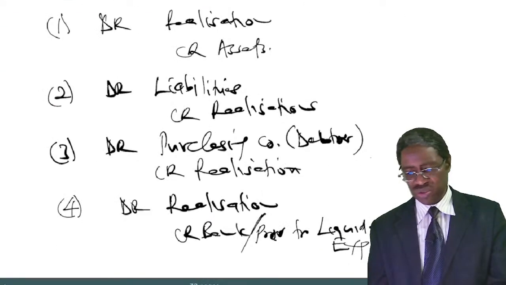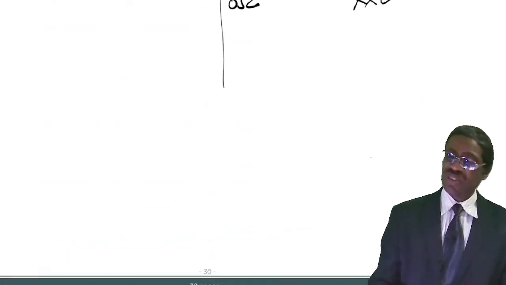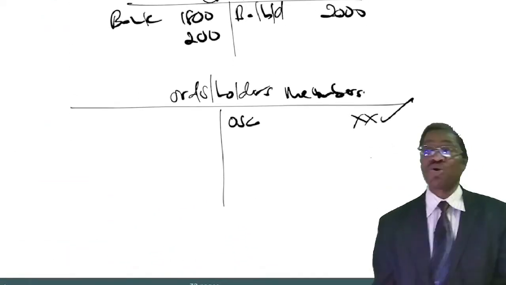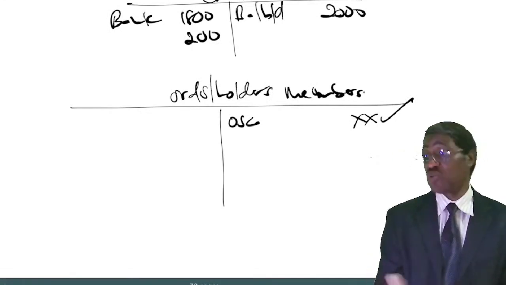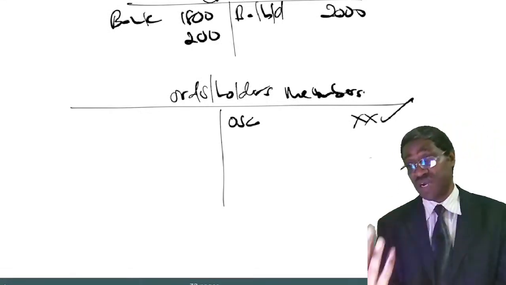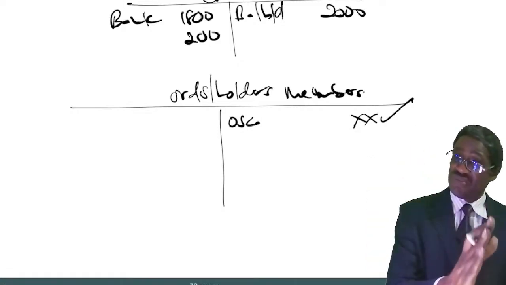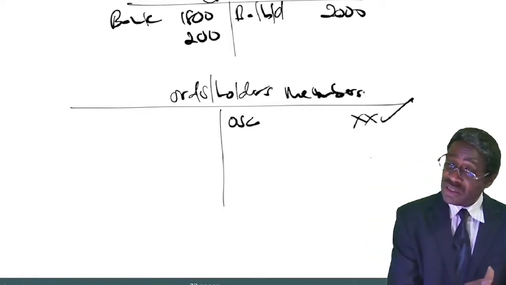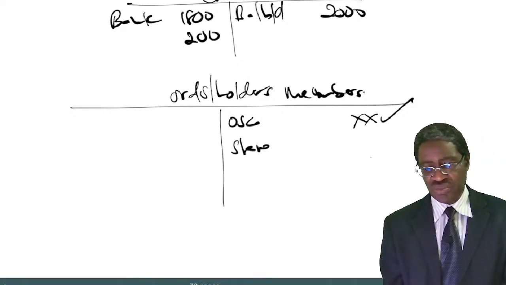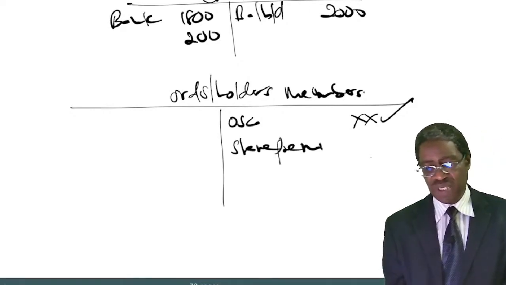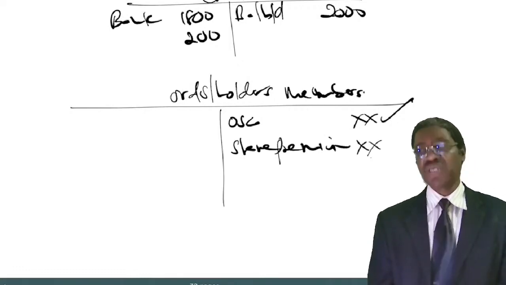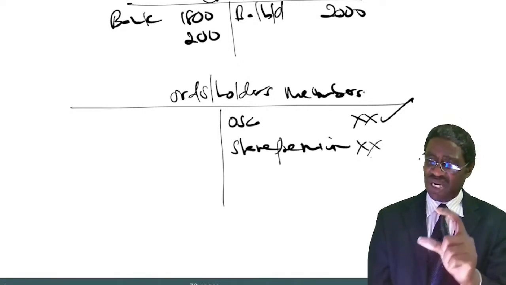It could be a general reserve, which is also a credit balance, or a revaluation reserve, also normally a credit balance. To close that credit balance, you debit the reserve and you credit the members. Let us assume you are dealing with share premium. I'm going to debit share premium and credit the members account. That's our step 8.